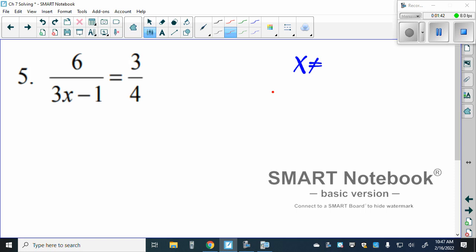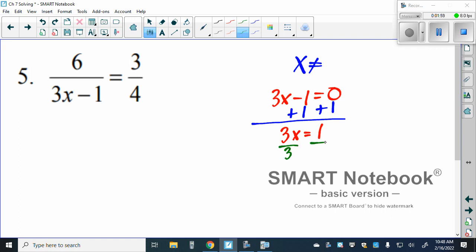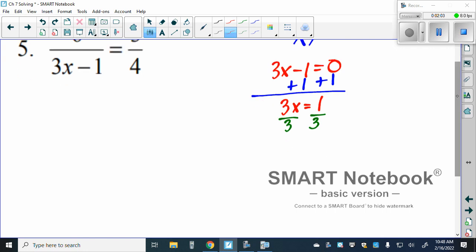So we're trying to see what value of x is going to make 3x minus 1 be 0. Well, we can start off by adding 1 to both sides, which tells us that 3x is equal to 1. And then we would divide by 3, telling us that x is 1/3.